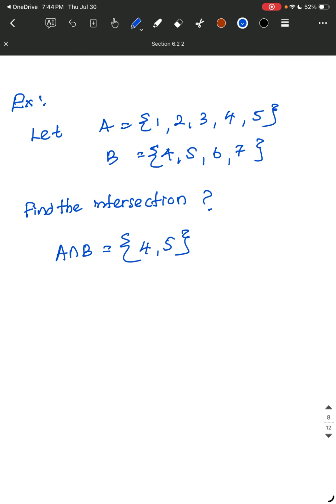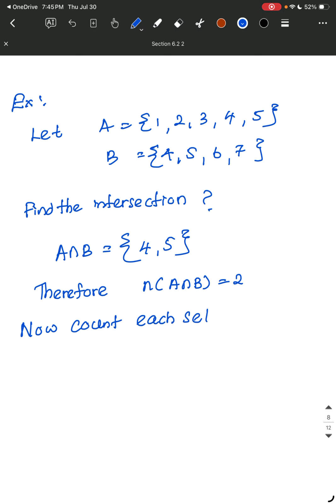Therefore, n(A intersection B) equals 2. Now, count each set. How many elements in set A? 5. Number of entries in set B? 4. Apply the formula.